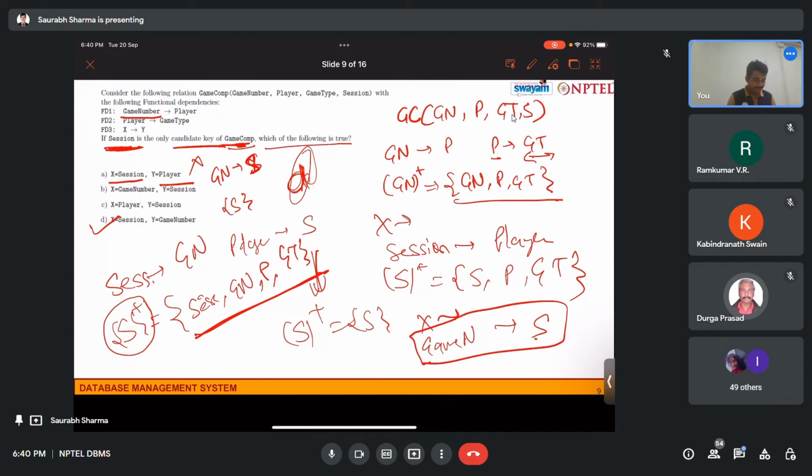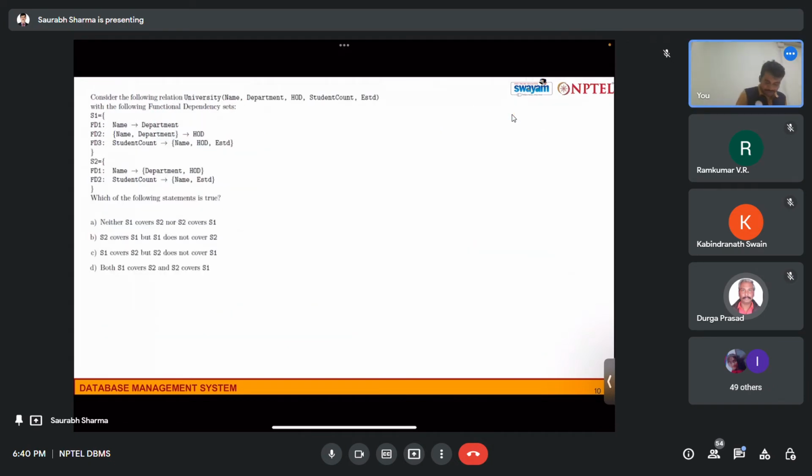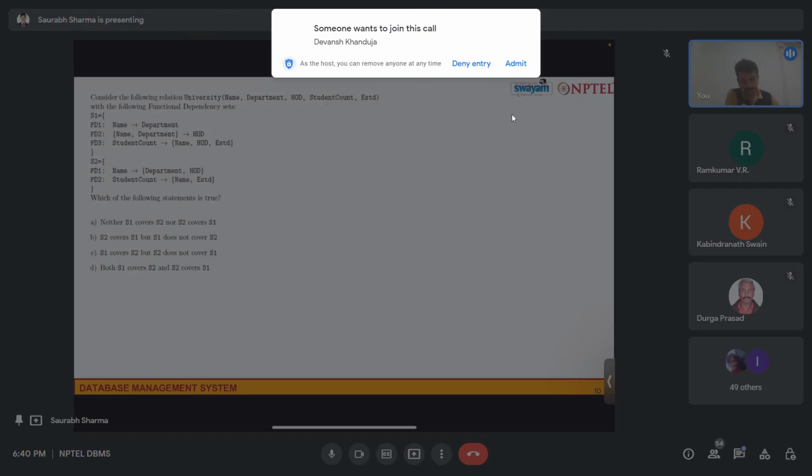Okay. So coming to the next one. There are two functional dependency sets for this university relation, and we have to search for the right statements. First says that neither S1 covers S2 nor S2 covers S1. Second says S1 covers S2 and S2 covers S1, and so on, so all four possibilities are there.